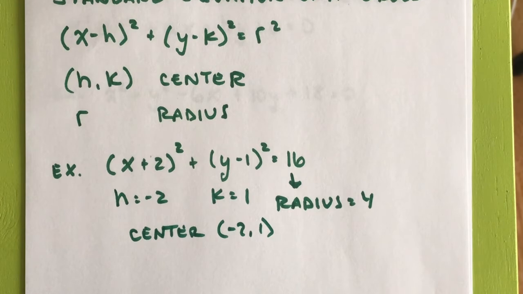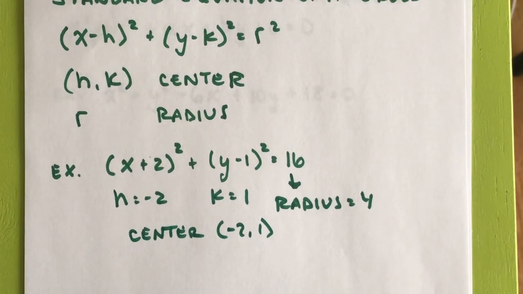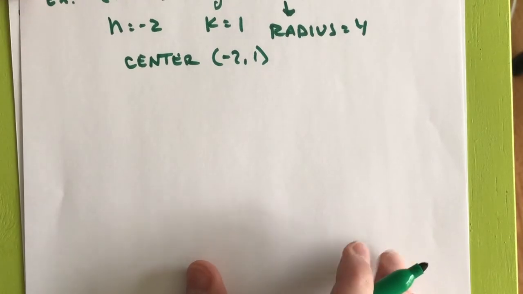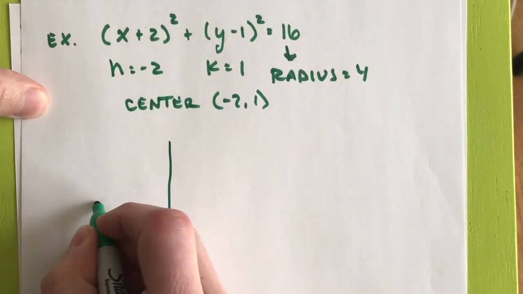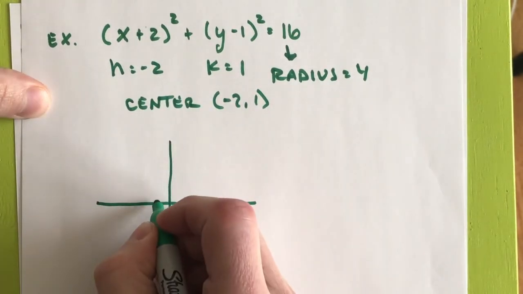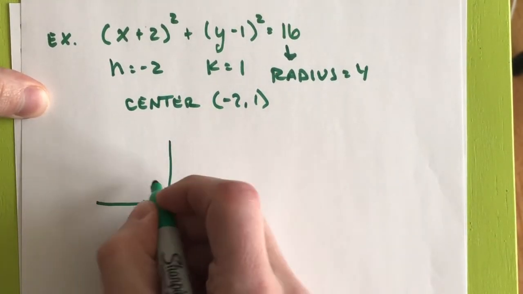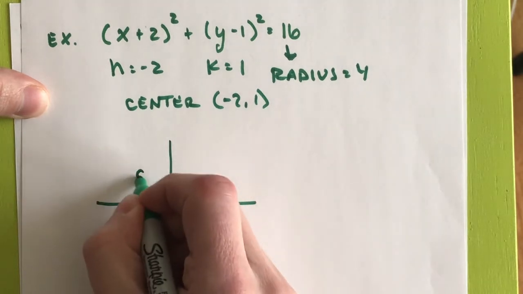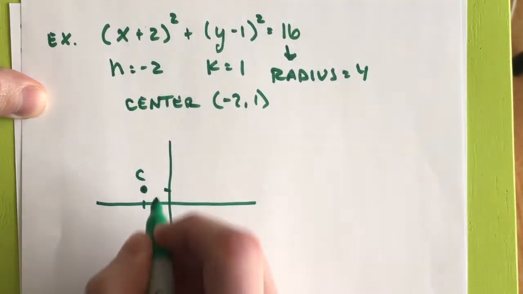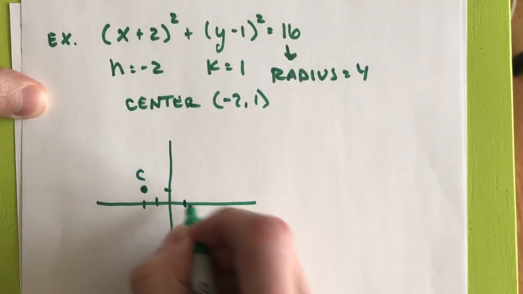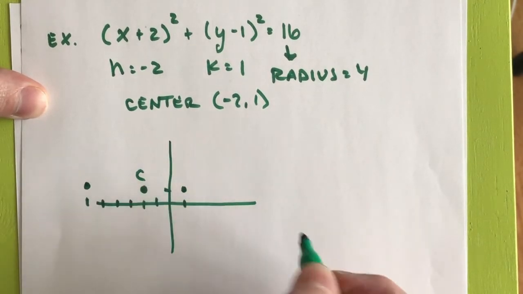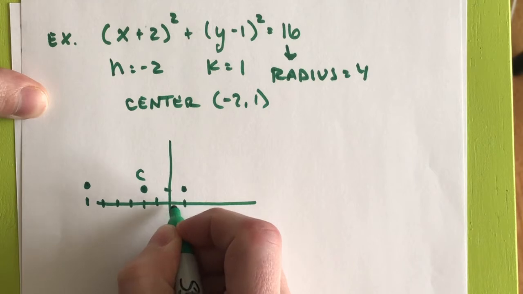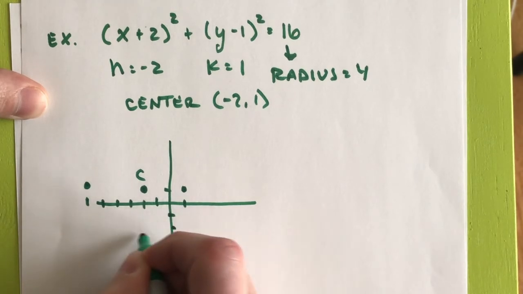We could then go graph this. Let's get it in frame. We've got center, negative 2, 1. Center of our circle. If our radius is 4, 1, 2, 3, 4. 1, 2, 3, 4. We move 4 units in every direction. 1, 2, 3, 4.